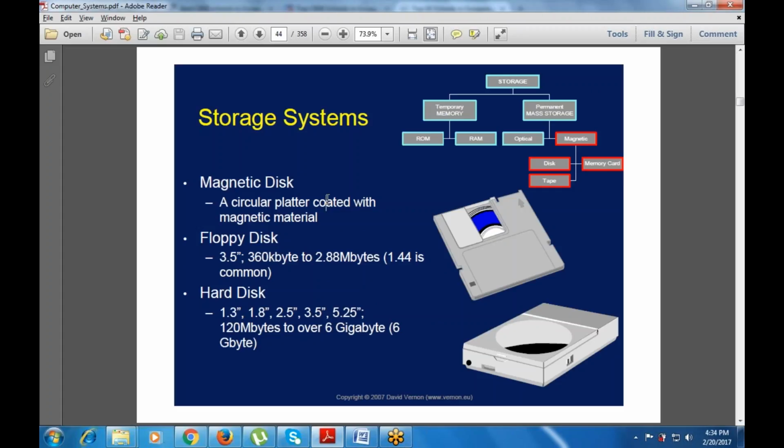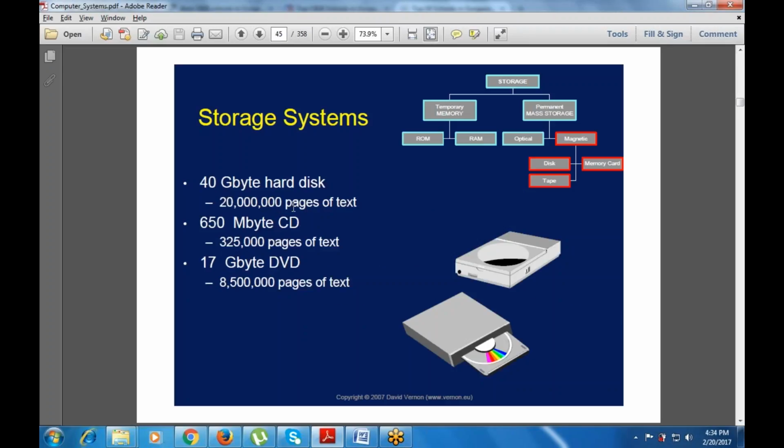Then hard disks come in 1.3, 1.8, 2.5, 3.5, 5.25 inch sizes, from 120 megabytes to over 6 gigabytes. Then a 40 GB hard drive holds 20,000 pages of text. A 650 megabyte CD holds 325,000 pages of text. A 17 GB DVD holds 8,500,000 pages of text.